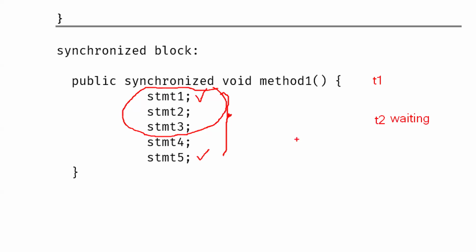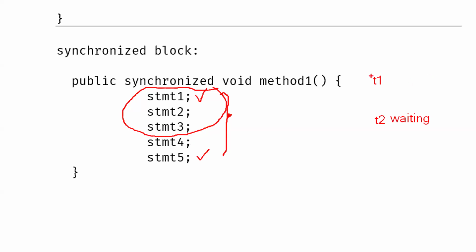If 2 threads execute statements 4 and 5, there is no issue. Only statements 1 to 3 of the method are critical, and 4 and 5 are normal.